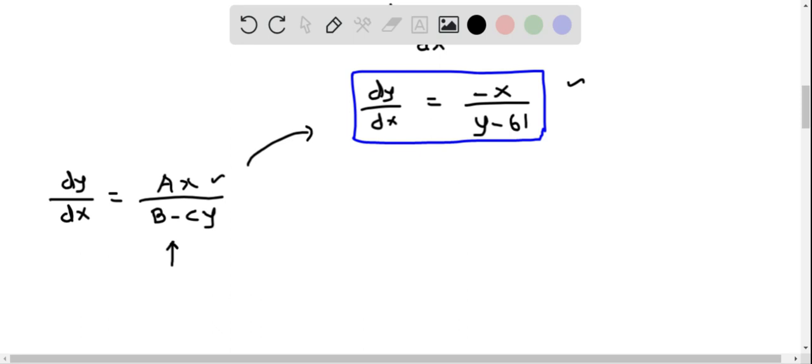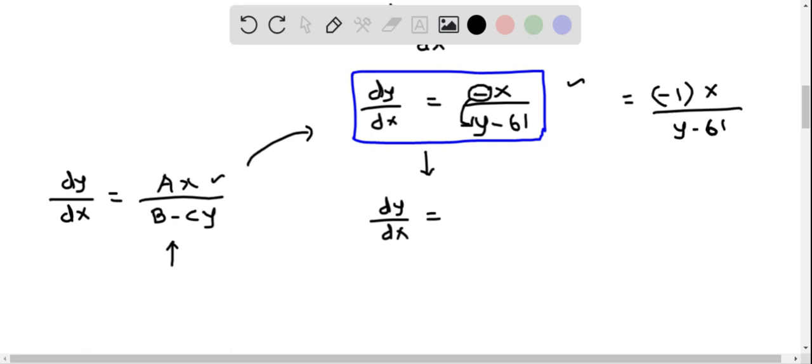So for that, I'm going to rewrite this dy by dx form by dividing both the numerator and denominator by negative, or else we can transpose this negative to these two terms. So this is equivalent to negative 1 times x divided by y minus 61.